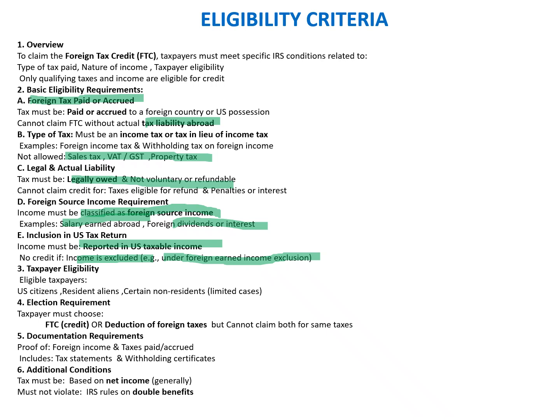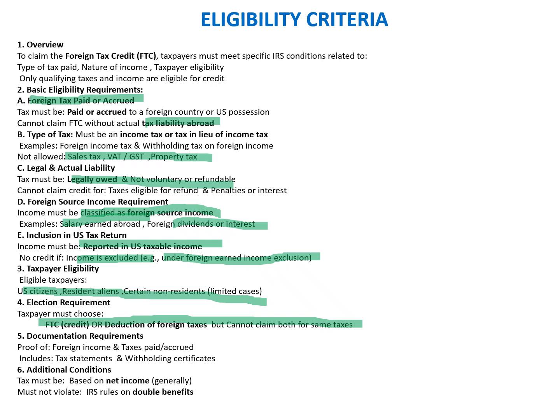If somebody is claiming the FEIE, the foreign earned income exclusion, then the credit is not allowed. Either of those can be taken as a benefit, the foreign tax credit or the foreign earned income exclusion. Taxpayer eligibility: US citizens, resident aliens, and certain non-resident limited cases. The taxpayer must choose the FTC or a deduction for the foreign taxes, but cannot claim both for the same taxes.